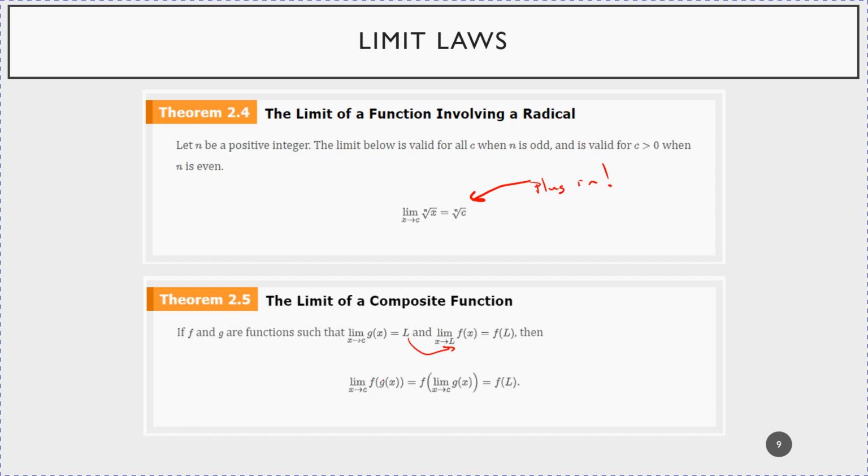The limit as x goes to c of f of g of x, as a composite function, you're going to evaluate the limit inside first, and then whatever this becomes, L, you're just literally going to plug L into this and get f of L. This will make more sense when I get to the next slide, but really what's going on here is you're just plugging in.